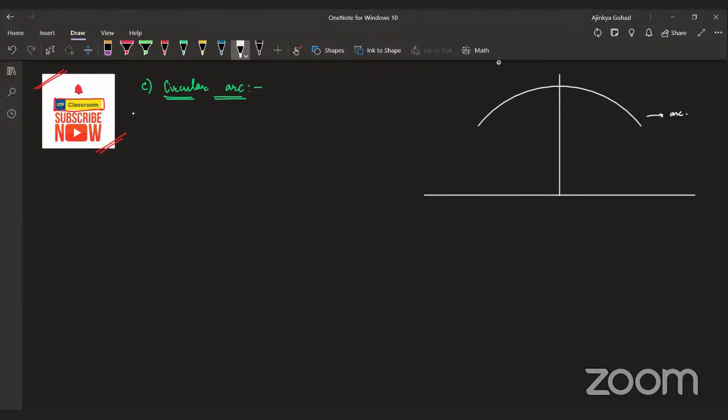And this is the line joining the center to the end points of the arc.